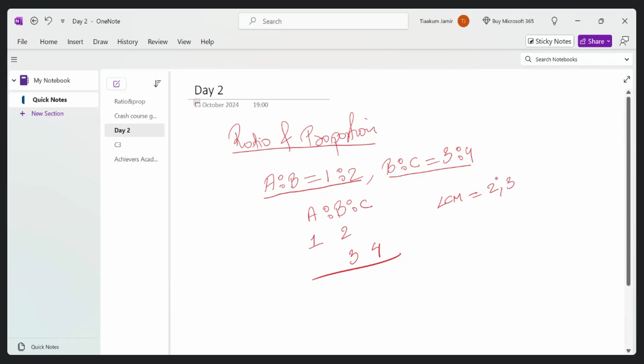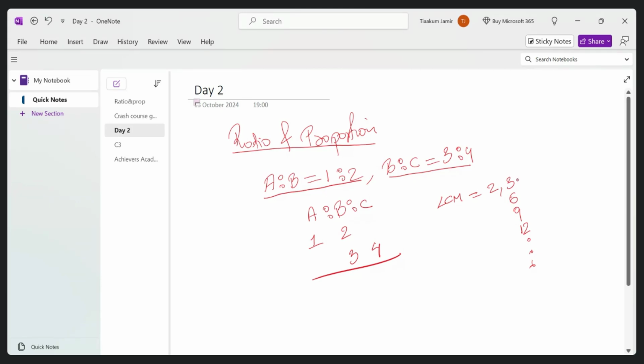Now as I mentioned in our yesterday's class, for the LCM, look at the biggest number, which is 3. The multiples of 3: the first one divisible by 2 will be the LCM. 3 1s are 3, 3 2s are 6, 3 3s are 9, 12 and so on.